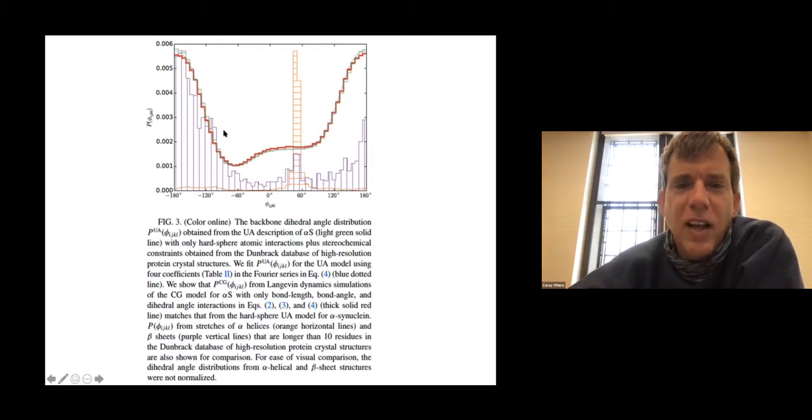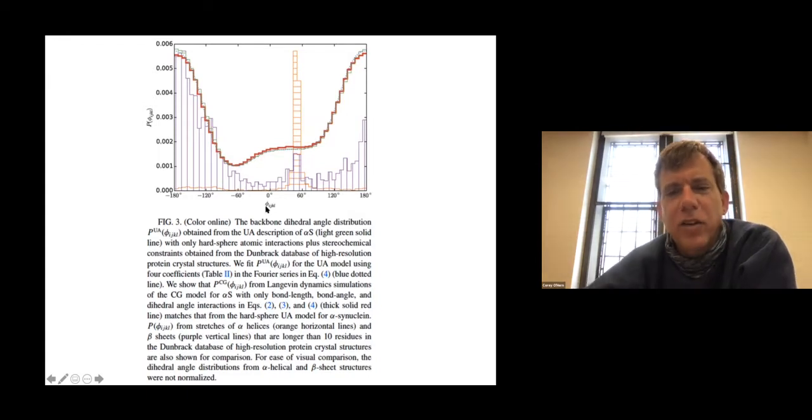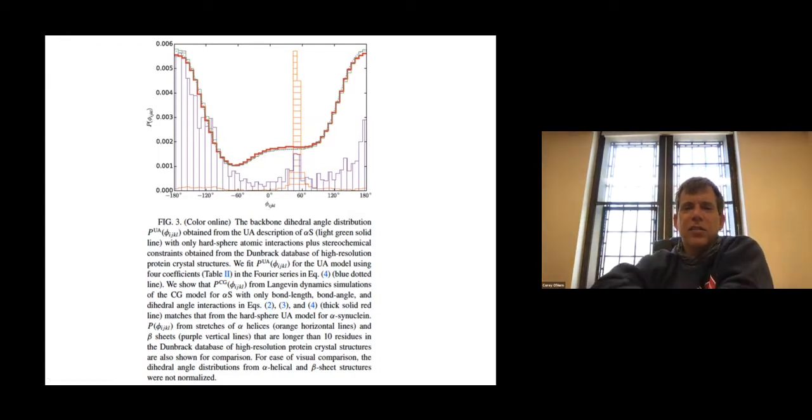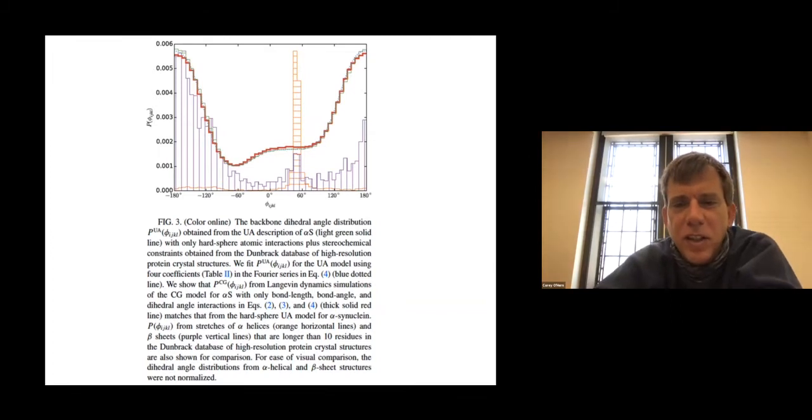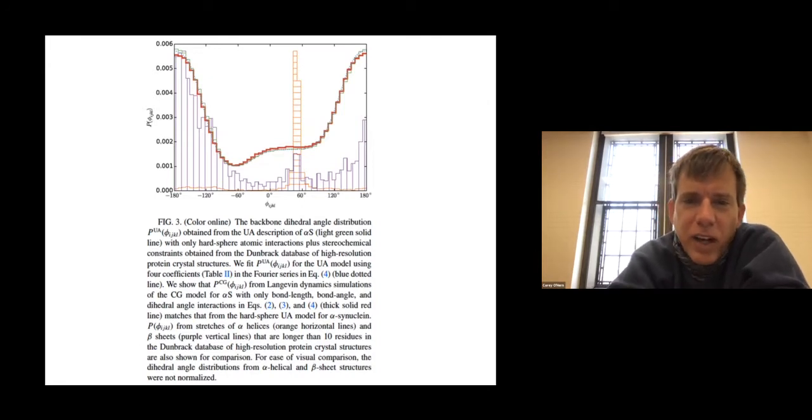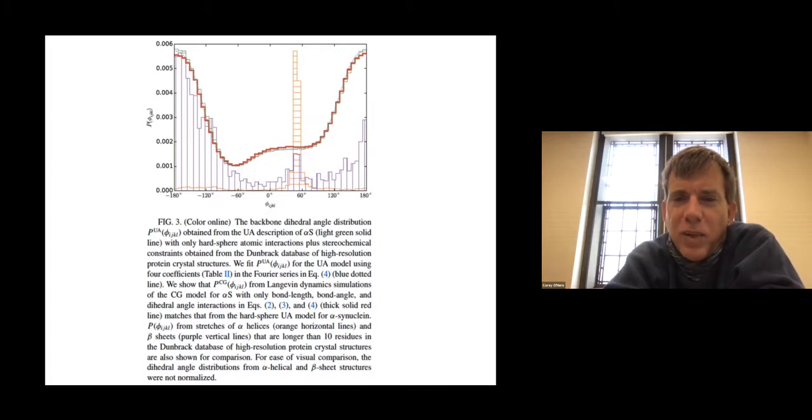So it tells you basically how likely you are to see a particular dihedral angle among each quadruple of C alpha atoms. And so there's a lot of content at negative 180 and not much at 60. So in the background, I also show these dihedral angles that are obtained just from folded proteins for these coarse-grained dihedral angles.